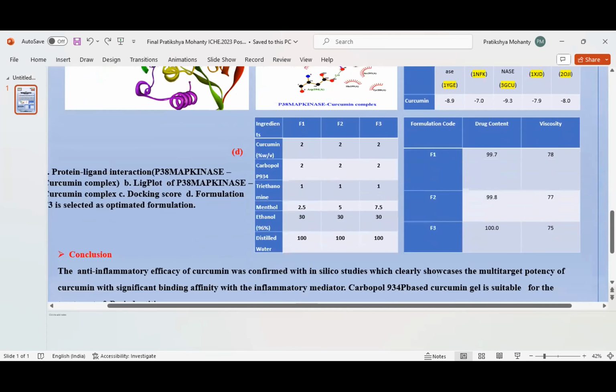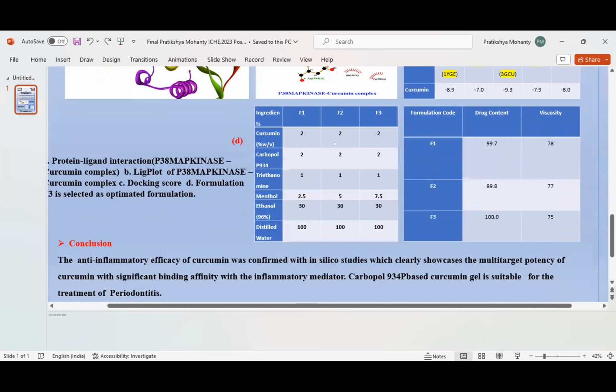So these are the formulation values, ma'am, where F3 shows the good formulation, and these are the formulation codes.